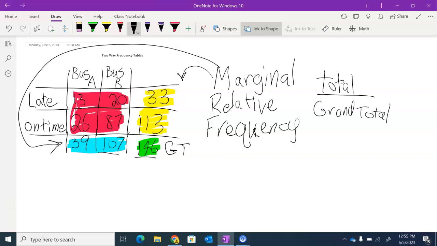The margin cells, so bus B and the grand total, that'd be 107 divided by 146.